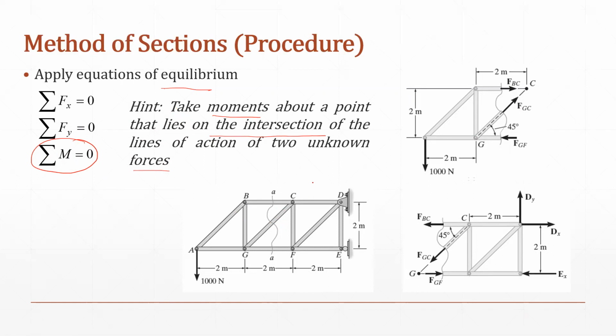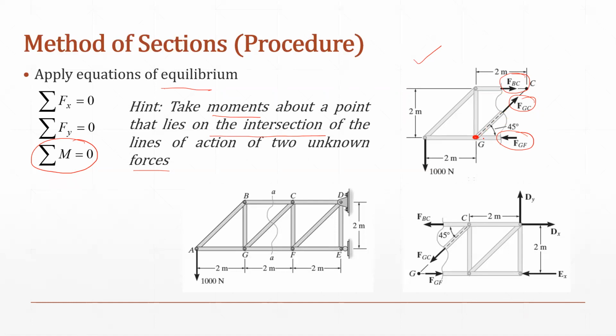For example, considering the left-hand side, if I take moment about G, then the moment due to force FGC and the moment due to force FGF will be 0 because their lines of action meet at point G. So with this, if we apply moment at G, we can find the value of FBC.